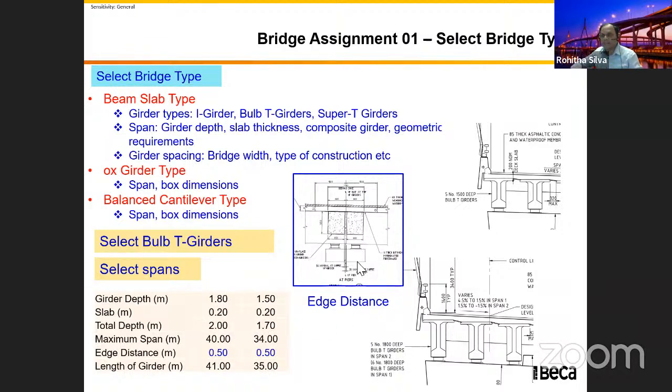And you have your girder, you have your bridge deck, you know your span arrangement, and then you know your number of girders, then you need to calculate. Any questions up to now? No? Okay.